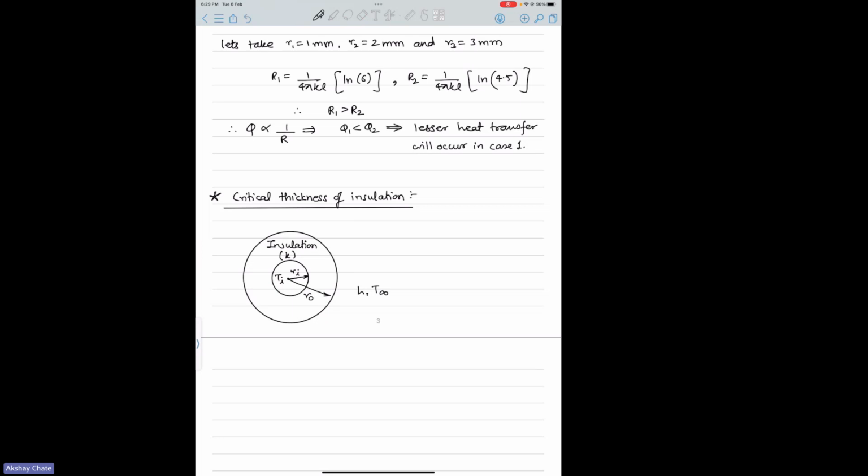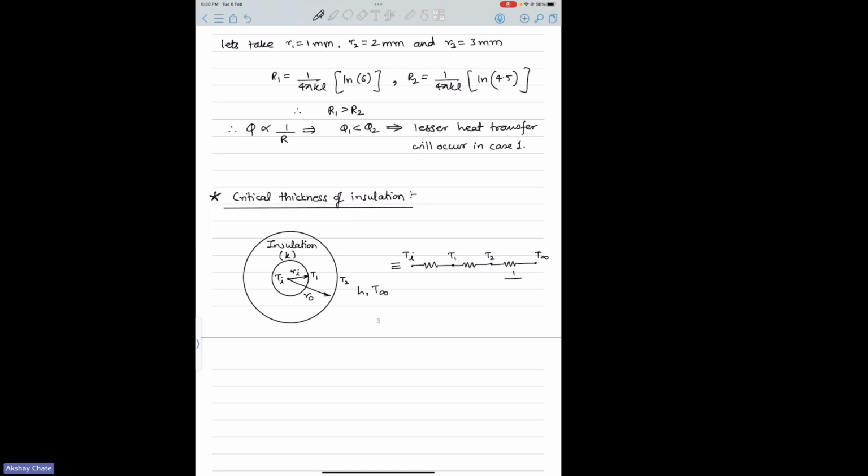So basically, if you write the thermal network for this problem, you will have three types of resistances. So you will have Ti. Let's take this as T1 and T2 temperatures. So you will have T1, T2, and T infinity.